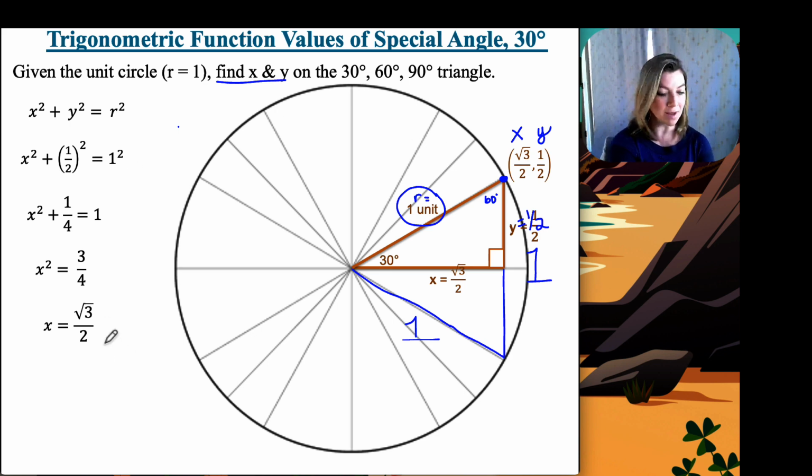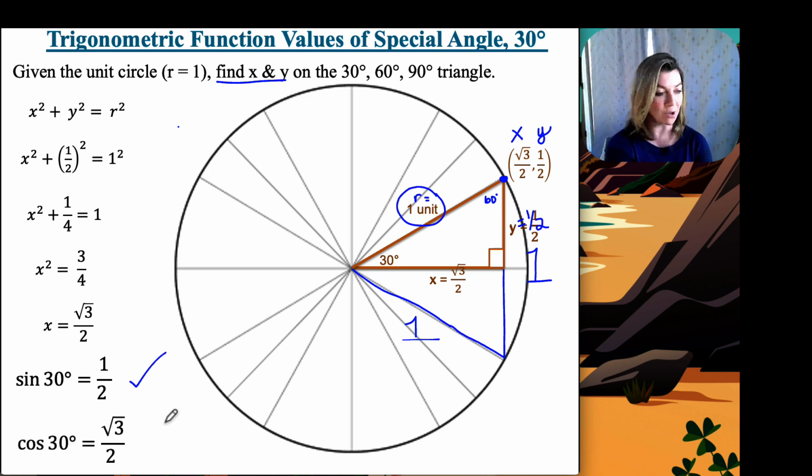Okay, so let's just write those out. We just found that sine of 30 degrees has a value of 1/2, and that cosine of 30 degrees has a value of radical 3 over 2. Now let's use that information to find the values of sine and cosine for different angles on this unit circle. I'm going to look at this angle right here.